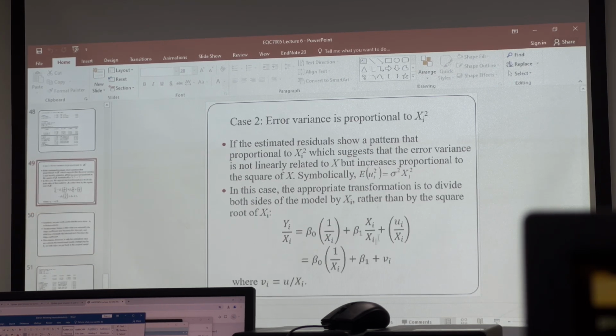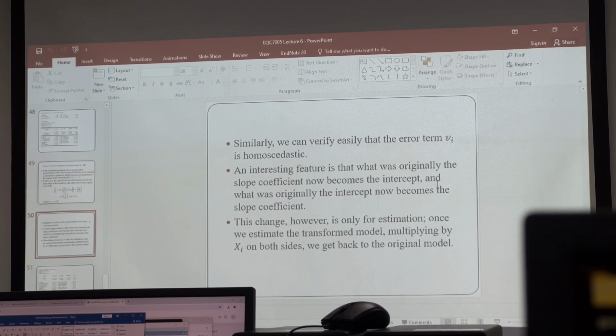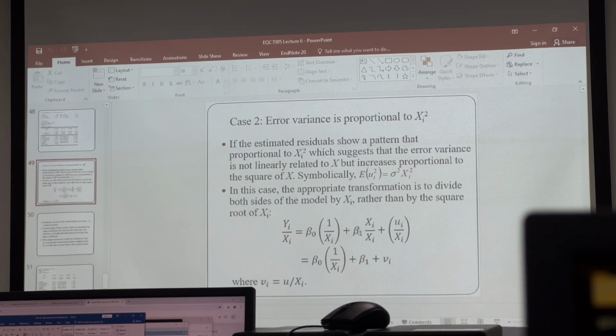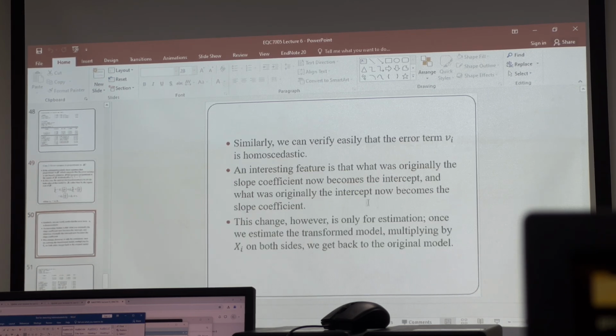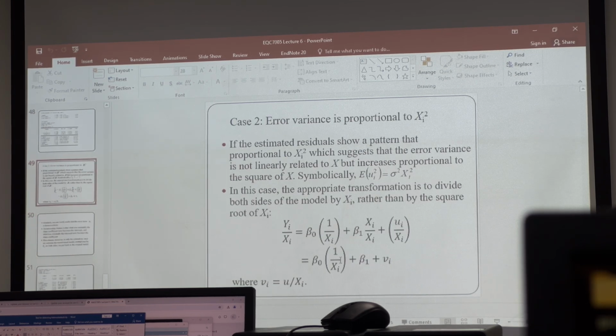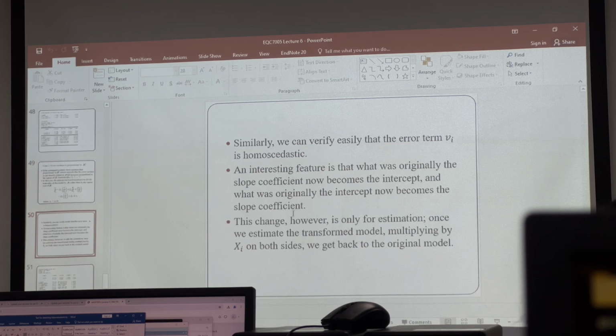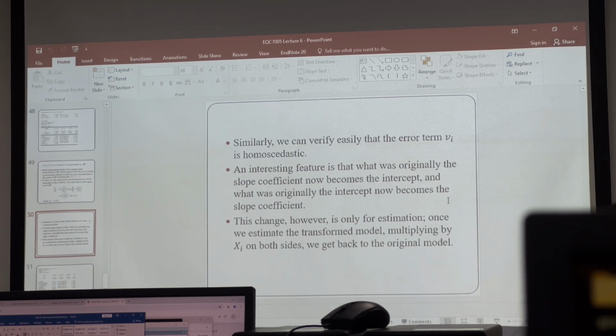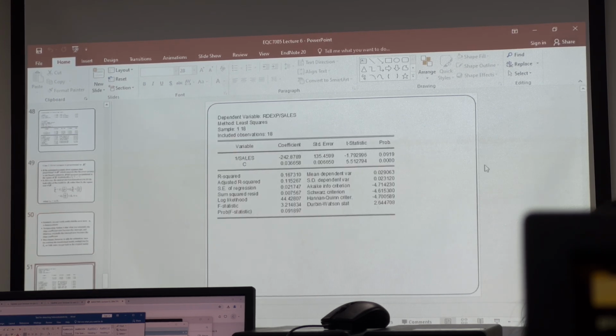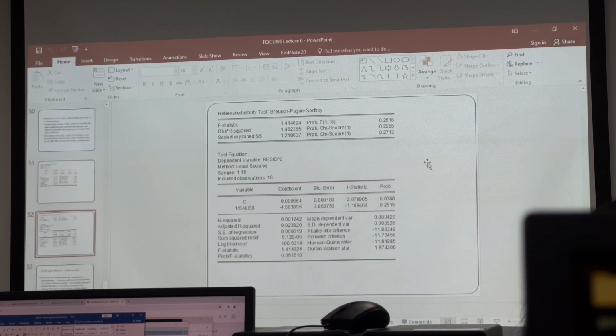What was originally the slope coefficient for sales now becomes an intercept. And what was originally the intercept now becomes the slope coefficient. This change, however, is only for estimation in order to provide us the reliable estimate of the standard error. Multiplying by xi on both sides, we get back the original. So this one is the one that we process now.